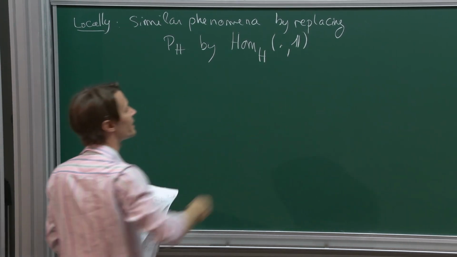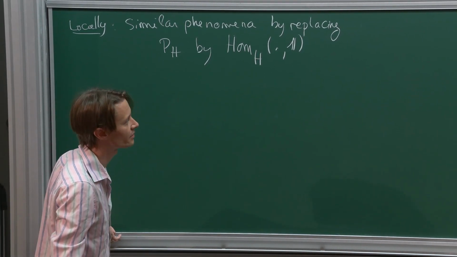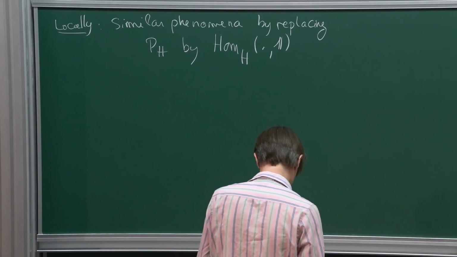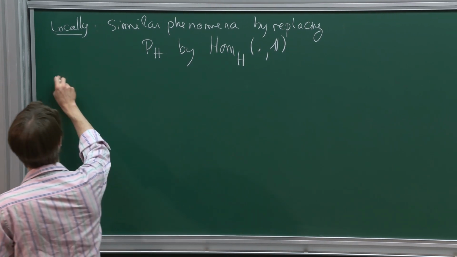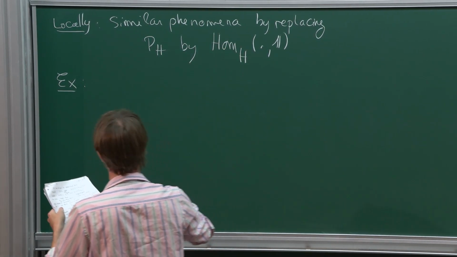So this is a functor of taking H-invariant linear forms on irreducible representations, and a continuous one if you are in the Archimedean case, but let me not bother about this.